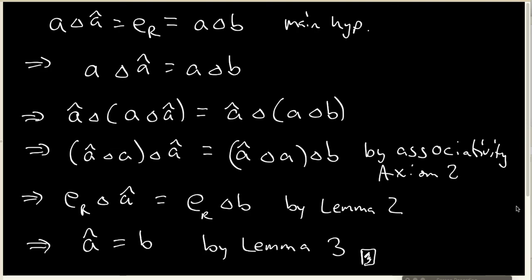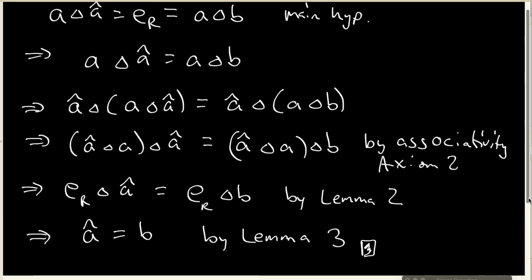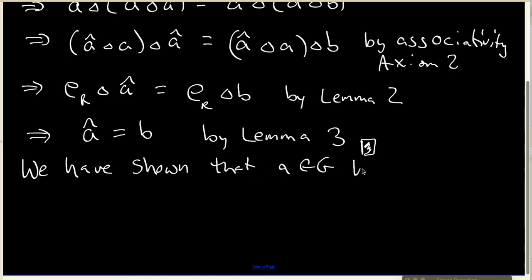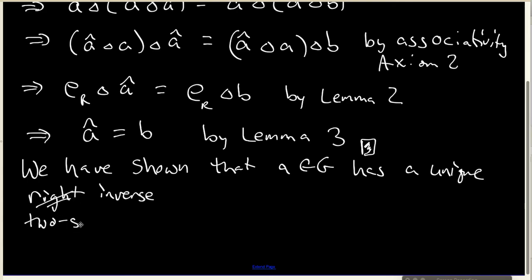Now, I do have some comments to say about what we've actually done. We have shown that A inside G has a unique right inverse. But that right inverse is actually a two-sided inverse by lemma 2.